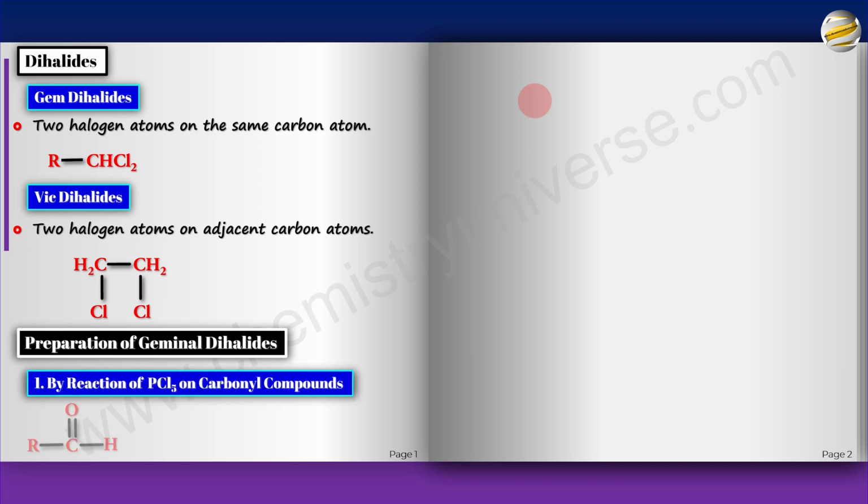If you remember, whenever you have PCl5 and the compound has an oxygen, the PCl5 will take this oxygen and give two Cls to this carbon, because two bonds are being broken. Therefore you get a geminal dihalide, called ethylidene chloride, and of course POCl3 as a byproduct.